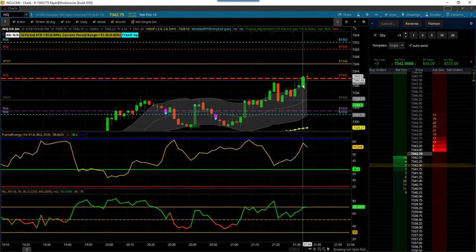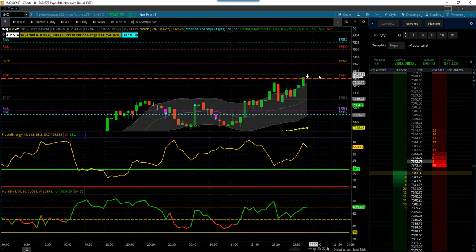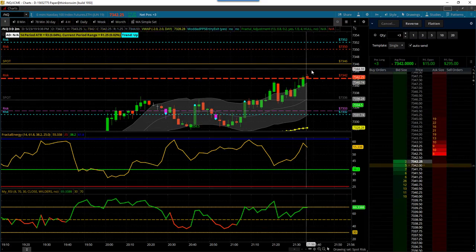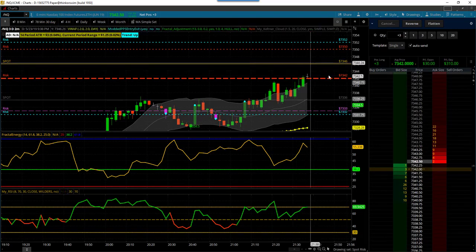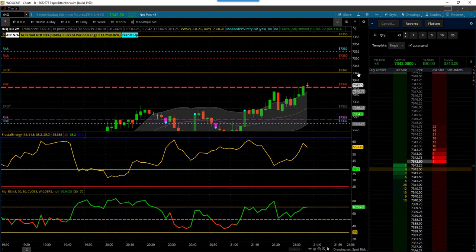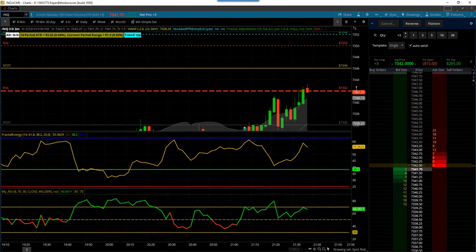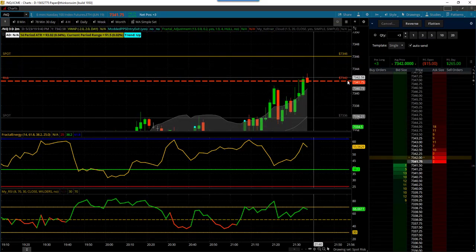If we're waiting for a candle and it closes here and the next one opens and it continues to run without coming back down to the 42, you could offer and jump in. Absolutely, you could do that. But you want to recognize what you're doing. You're chasing that trade. You're not getting in where the appropriate entry would be.